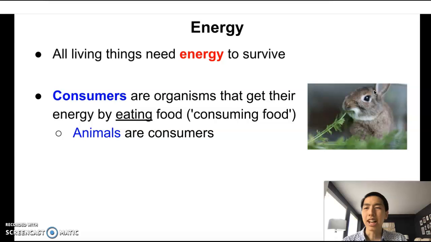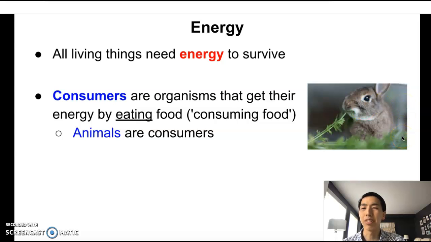So you would be classified as a consumer. We would be classified as consumers. Consumers are organisms that get their energy by eating food or consuming food. That's why it's called consumers. Most animals are consumers, and there's a picture of a rabbit eating some green stuff there.